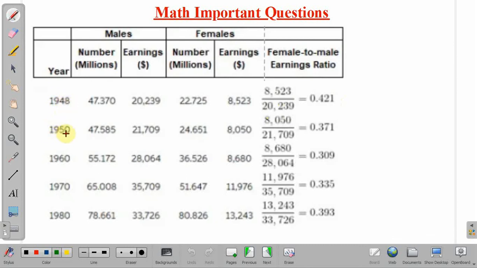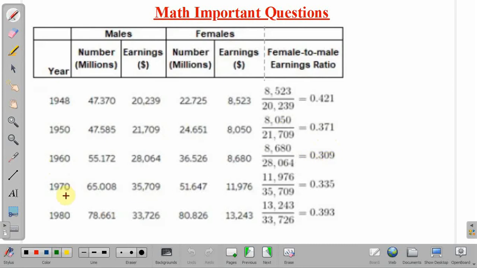Similarly, for the year 1950, we can see that earning of female is 8,050 while earning of males is 21,709. So we can calculate simply by dividing the earning of females by earning of males, and the value will be 0.371. Similarly, for other years also we can calculate the same way, and the value we will get for 1960 will be 0.309.